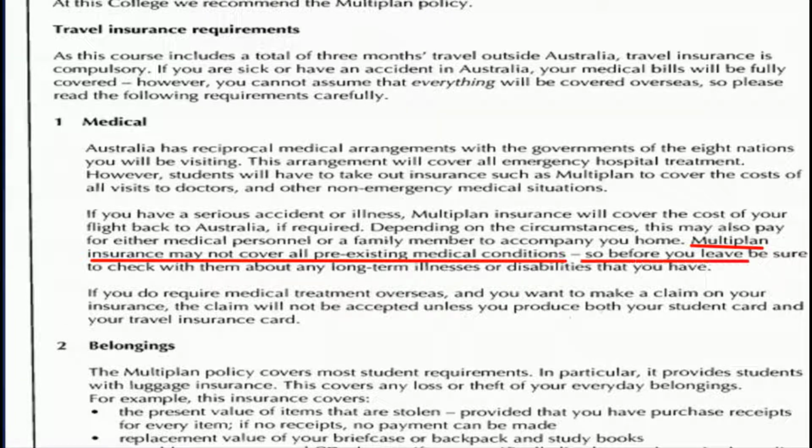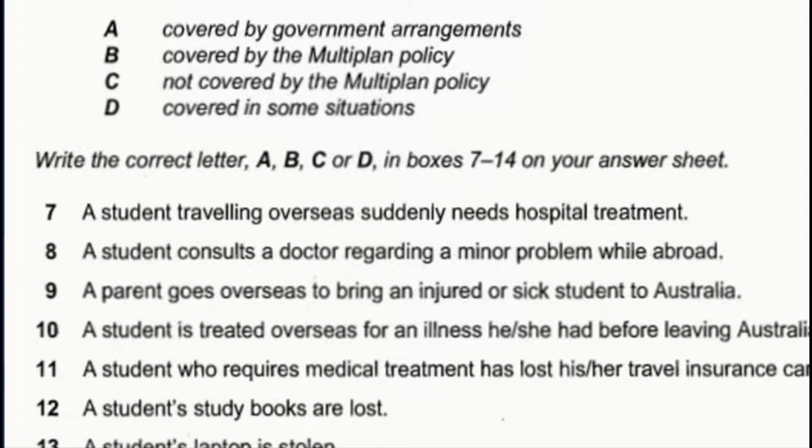So before you leave, be sure to check with them about any long-term illnesses or disabilities. If it says may not, it means it may also cover it in some cases. So definitely our answer will also be option D, covered in some situations.